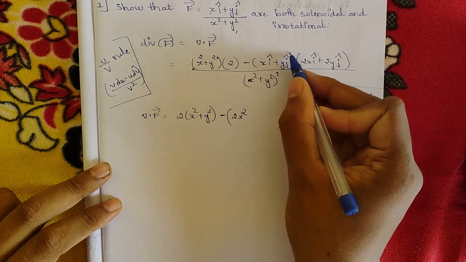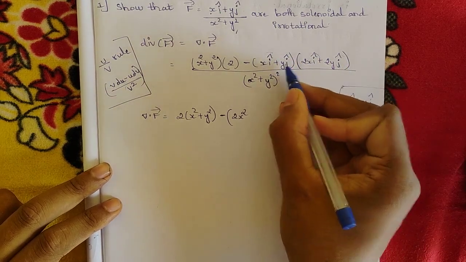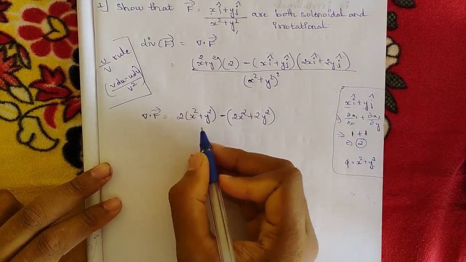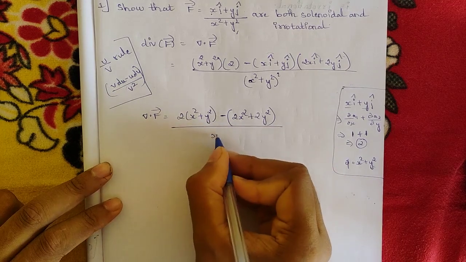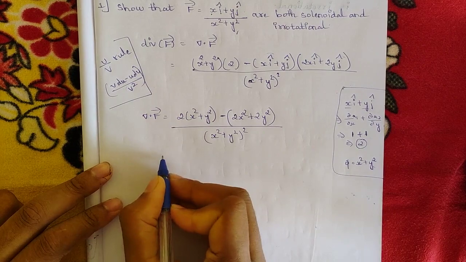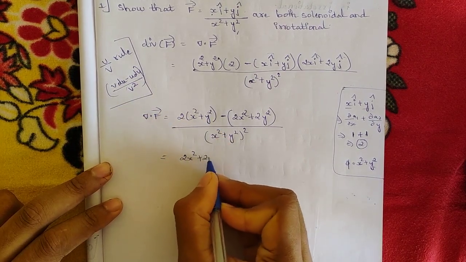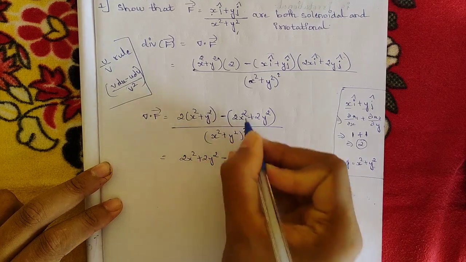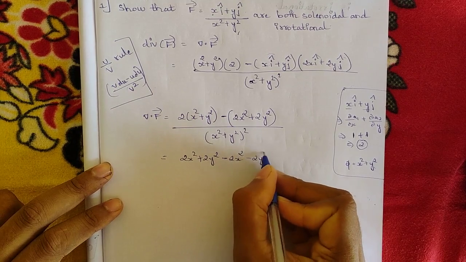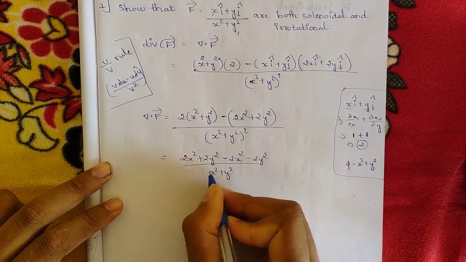Then y j cap into 2y j cap, j cap is 1, so y into 2y is 2y square, the whole divided by x square plus y square the whole square. Now solve it: 2x square plus 2y square minus 2x square minus 2y square, the whole divided by x square plus y square the whole square.